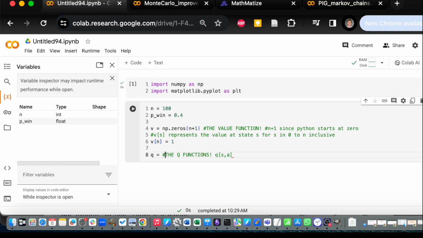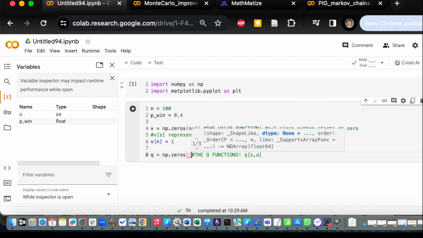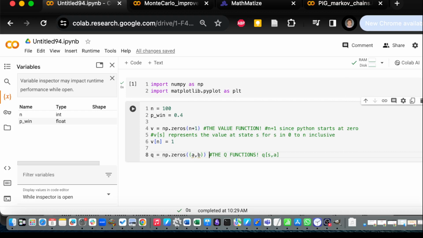How do you make a matrix? Again, you can use np.zeros, but now you're going to put in the axes a and b as a little tuple here, and I'm going to do n plus 1, because I want the states, the s, that's the same thing as before, 0 to n plus 1.